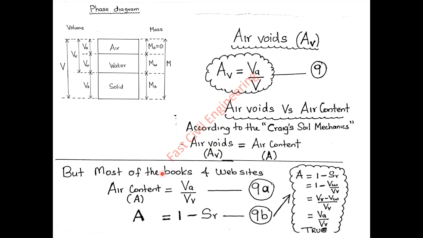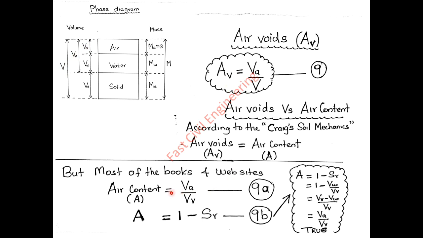But most of the textbooks and websites define air content as volume of air over volume of voids. That means air voids is equal to volume of air over total volume, while air content is equal to volume of air over volume of voids.